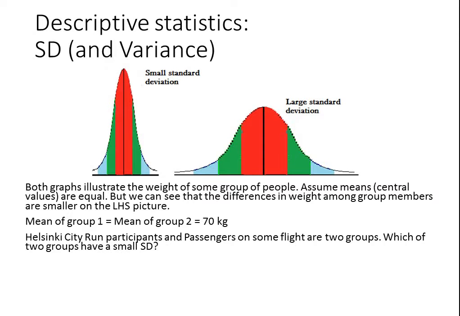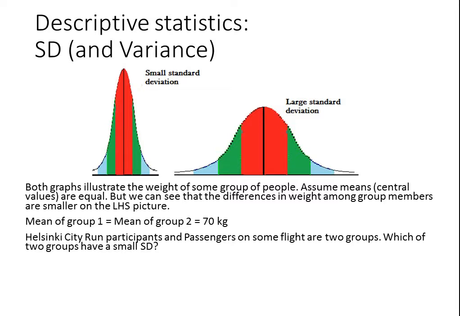Let me give you a couple of examples now to illustrate this theoretical concept. Look at 2 graphs on your screen. They are histograms showing weight for 2 different groups of people, one histogram for each group. Assume that the means of the 2 groups and the scale of the horizontal axis are equal.